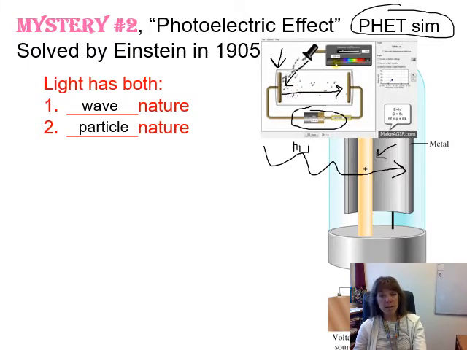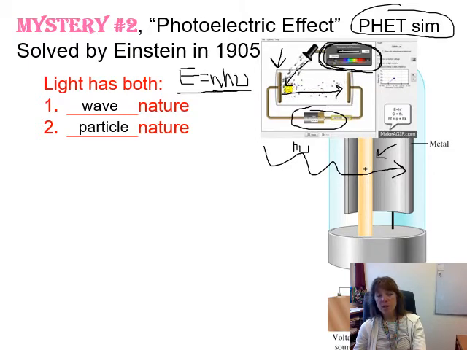And that's because this little slider up here in this simulation that you can play with showed that until you reach that threshold frequency, you would not see any electrons being ejected. And since that was the case, it was what Einstein was saying, according to Planck's idea here, remember E equals nhν, that's like particle nature. And that particle nature is what explains the fact that a particle could kick out a particle.